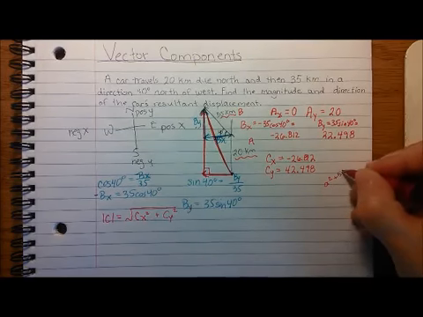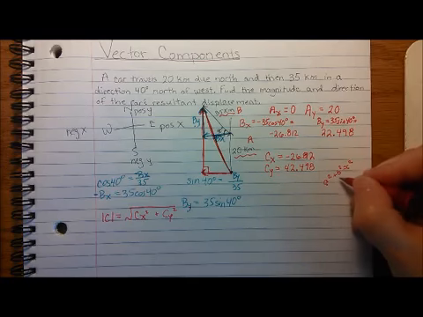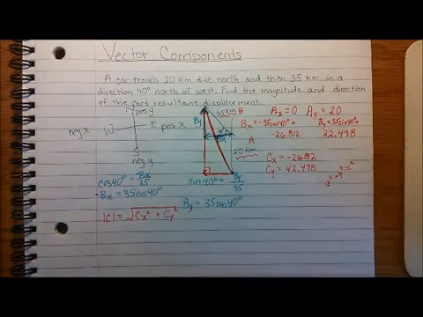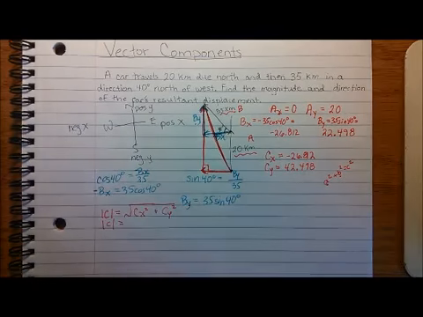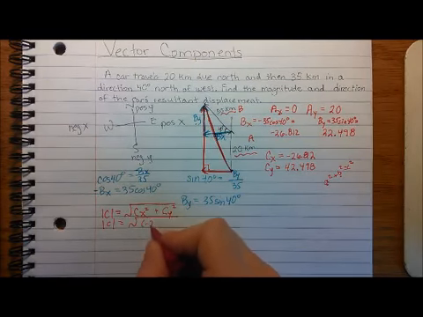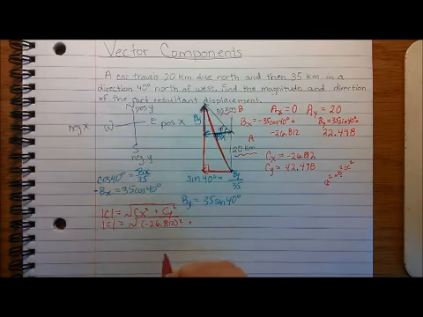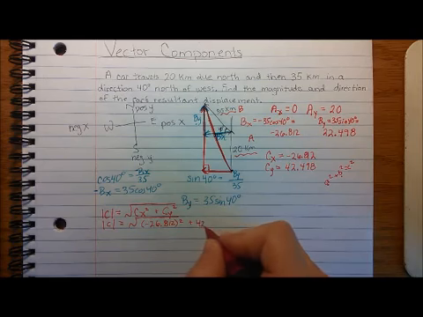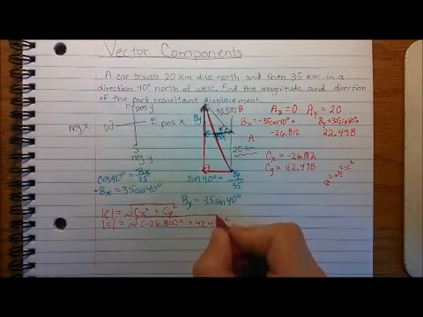And again, that just comes from Pythagoras. A squared plus b squared equals c squared. In this case, a is the x component and b is the y component. So let's go ahead and plug these in. C is going to be equal to the square root of negative 26.812 squared plus 42.498 squared.